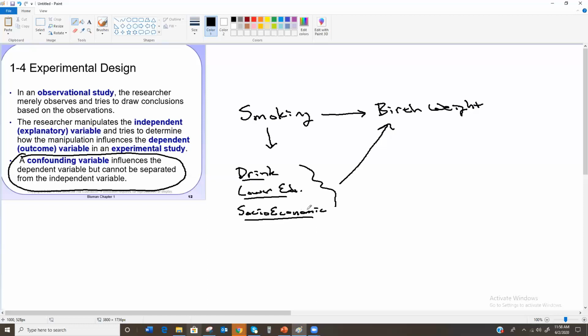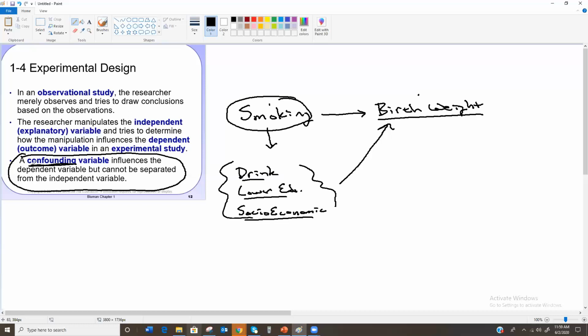You may not eat as good or take care of yourself as good, or you may not be able to because you work more. So there's all these things that could affect the birth weight, and we can't pull them away from the smoking. So whenever you do a study on how smoking affects birth weight, all these things confound. These are all confounding variables that affect our output and can't be pulled away from our input.